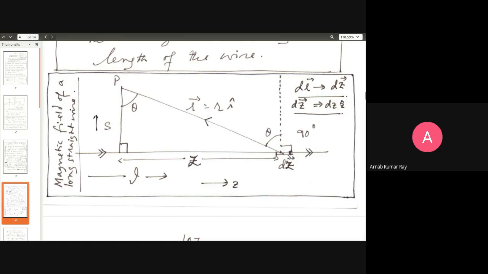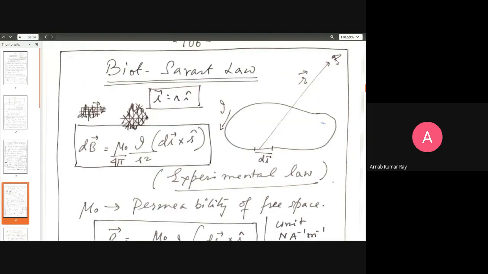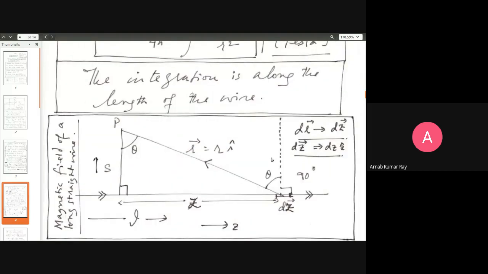That is what it is. This is the observation point P. You are interested in finding the magnetic field at this point P. This P is a radial displacement vector r away from dl, the line segment dl.